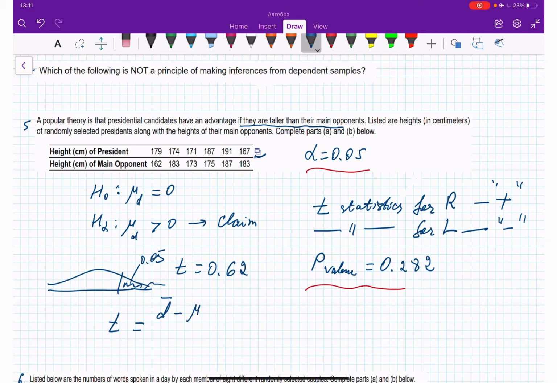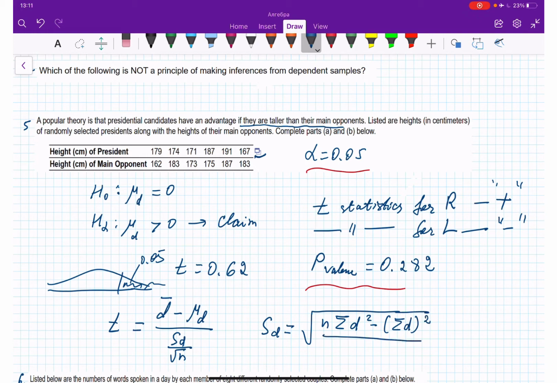The formula is similar to previous test statistic formulas, but the interesting part is the standard deviation, which is equal to the square root of n times the sum of d squared minus the square of the sum of d, divided by n times n minus 1.